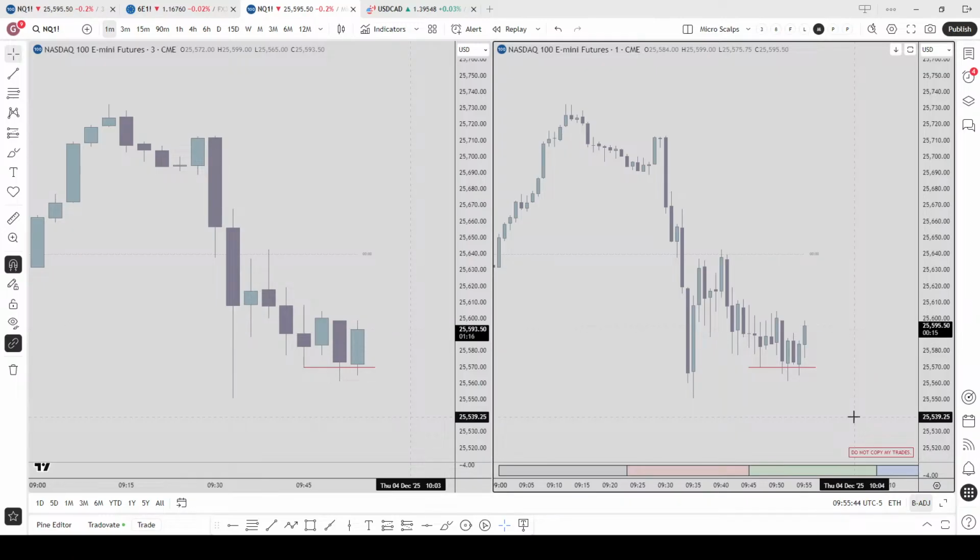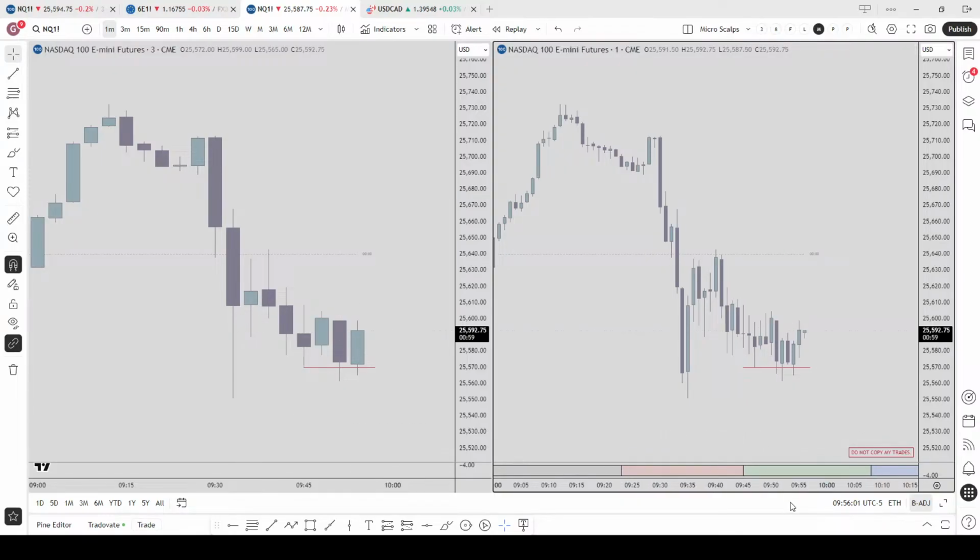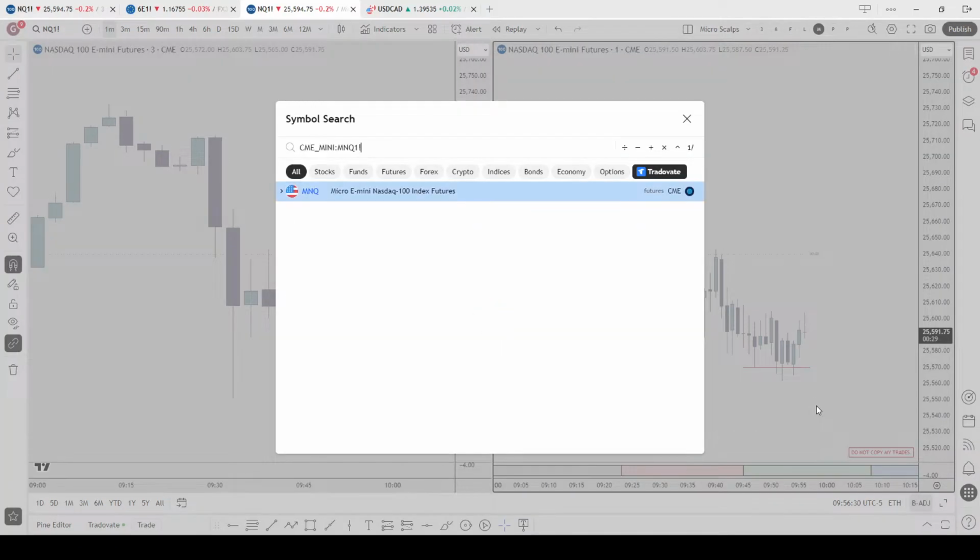Right now I'm waiting for a CSD on this 1 minute candle here, closing above this down close candle. I'll be heading over to the micro now.